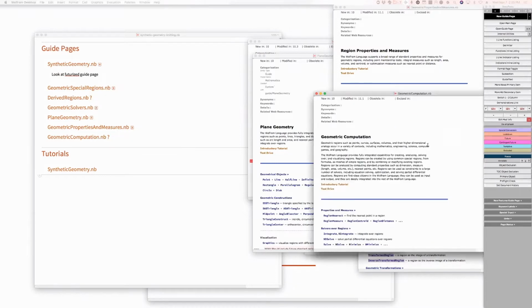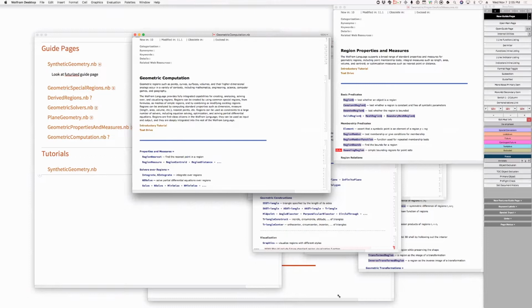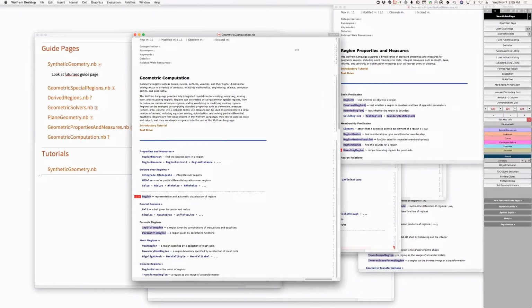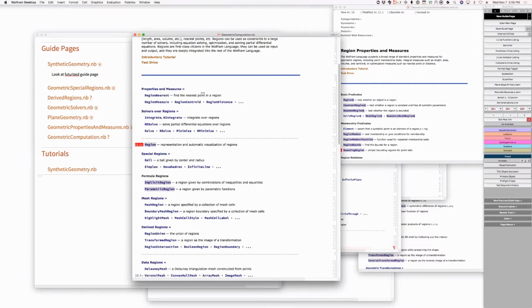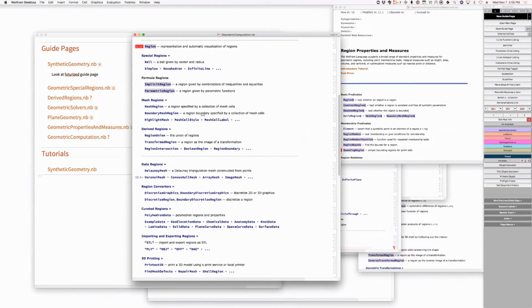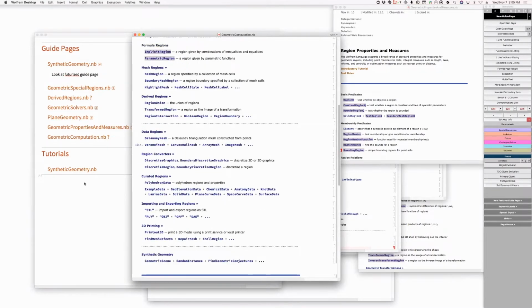All right, I now have all these pages open. So we're going to go down. Okay, geometric computation. Okay, so did we put stuff in there? Yes, we did. Synthetic geometry is in there.